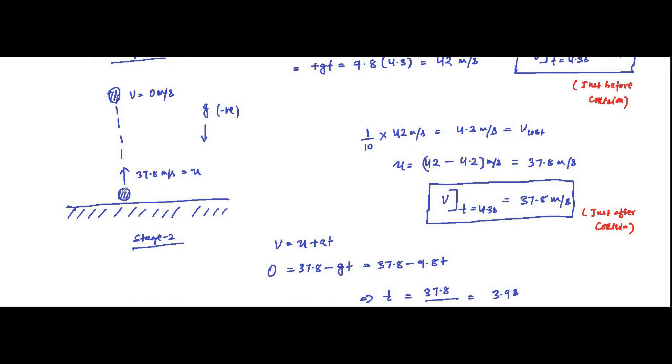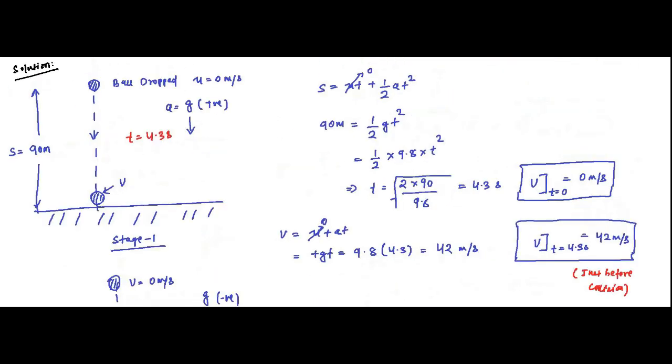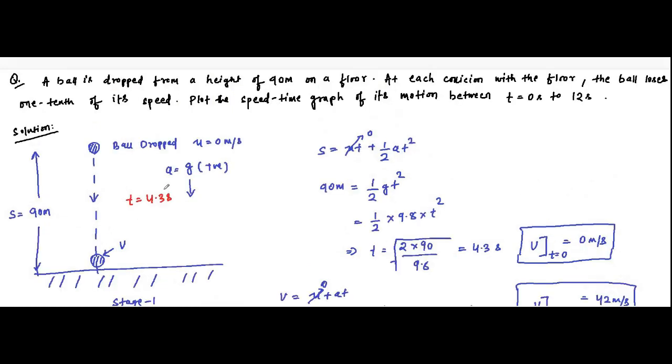Then after the first collision, the ball goes up and comes to rest again in 3.9 seconds. So the total time up until here is 4.3 plus 3.9, that is equal to 8.2 seconds.